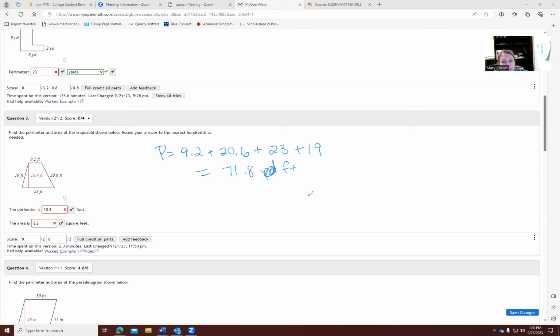And then the area is 1/2 of your, excuse me, 1/2 of your height, and then your bases added together. Said the wrong formula earlier. So your height here they give you is 18.4. You're doing 1/2 of 18.4, and then you add your two bases, which are here and here.